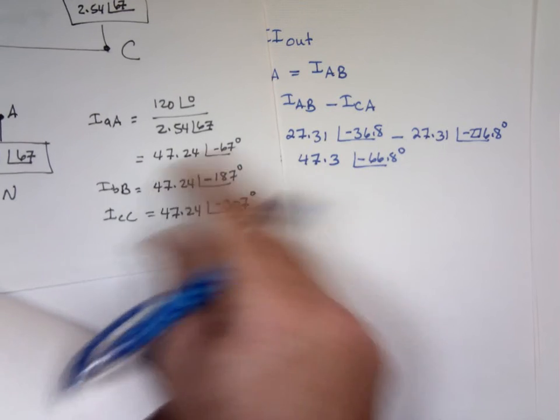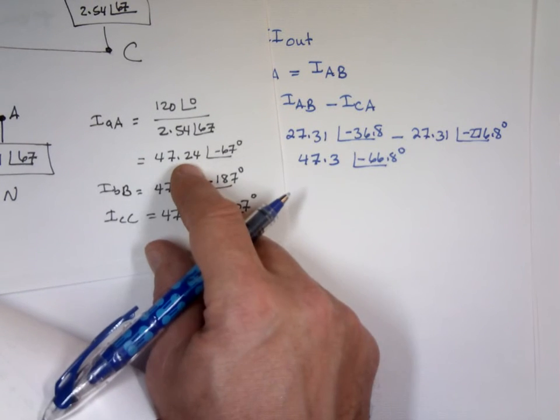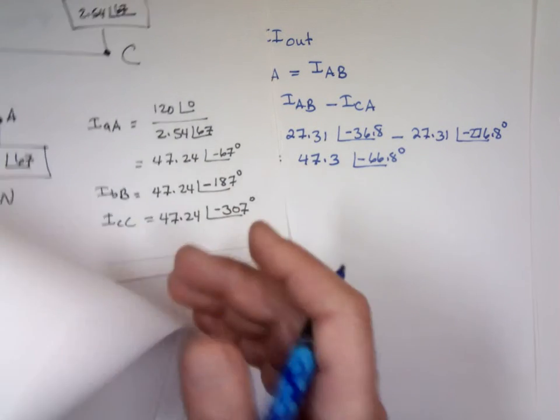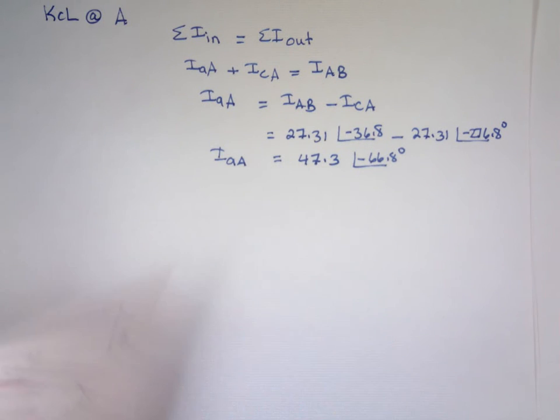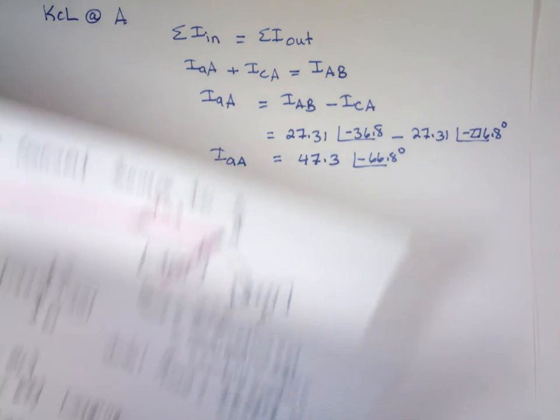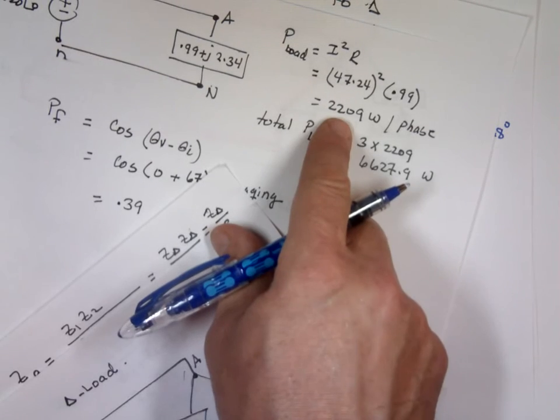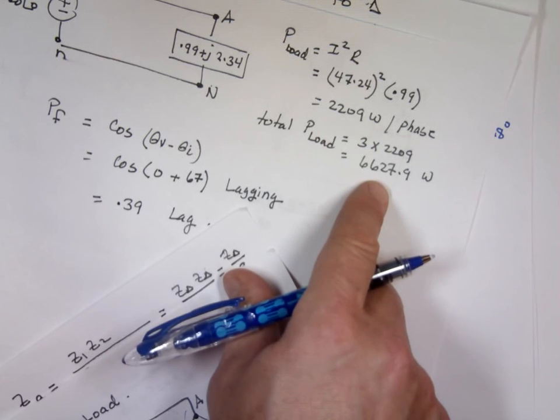Basically just do Y to Y. So notice the Y to Y was not much work, delta to delta a little bit more work. Now, if you want to find the average power delivered to the load, when we converted, we said per phase was 2209, combined 6627.9.